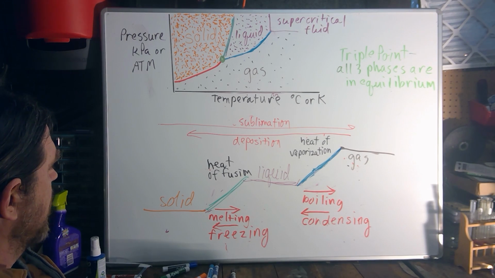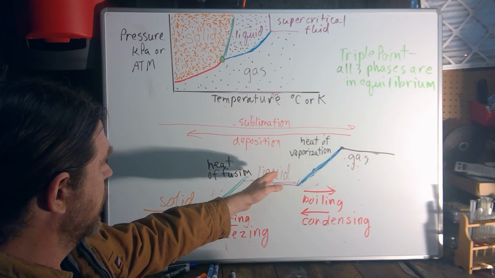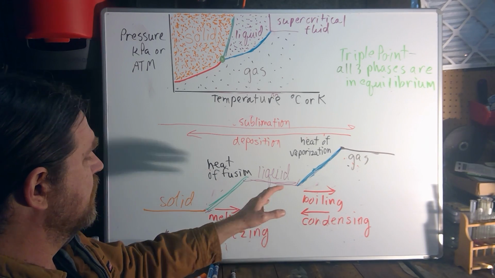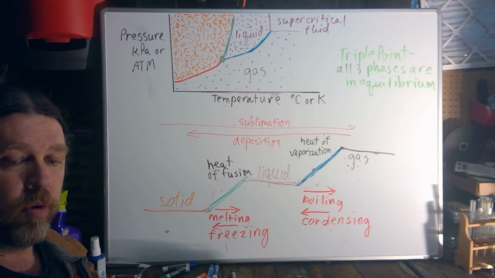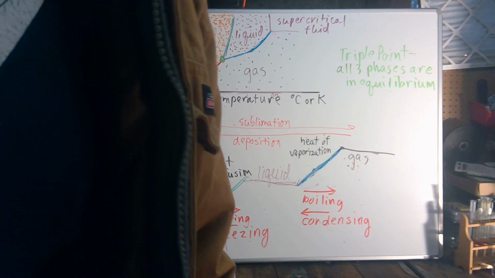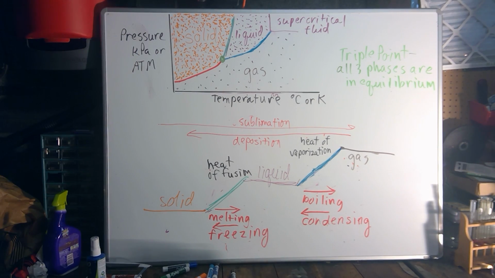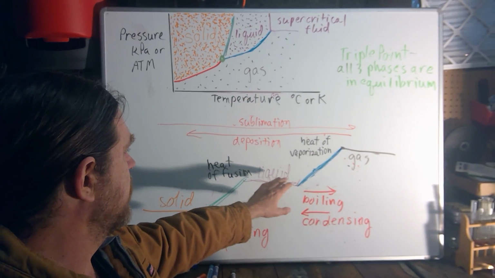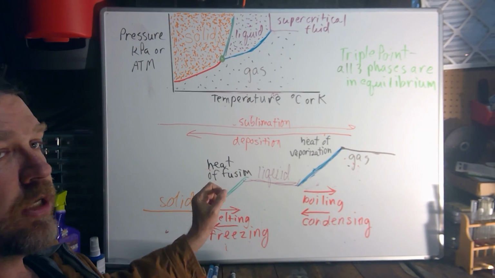And we would take a substance from a solid to a liquid to a gas, through melting and then boiling, and then we would look at possibly the energy that would be required to get a gas to cool down to a liquid and then cool down to a solid.